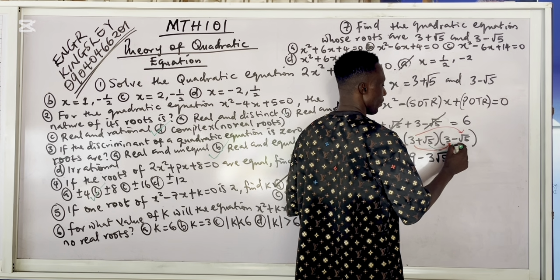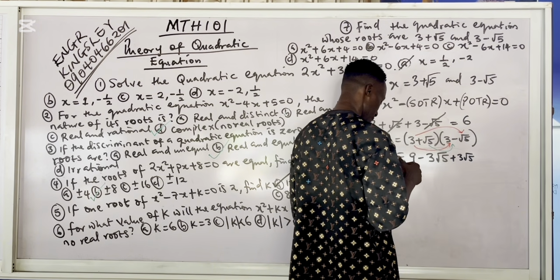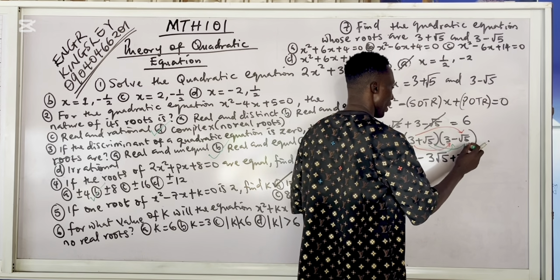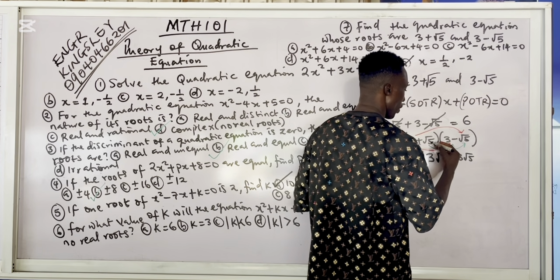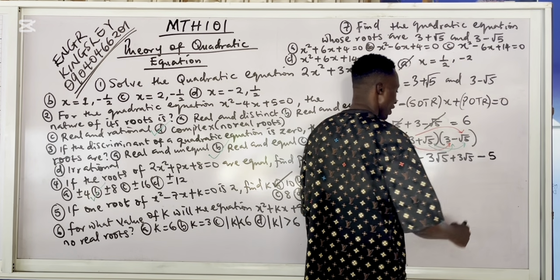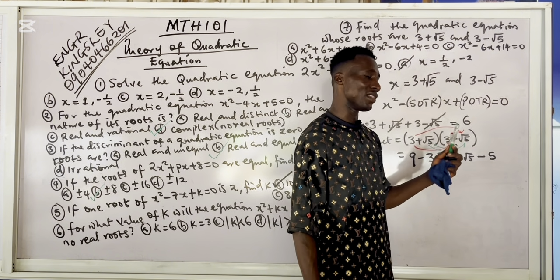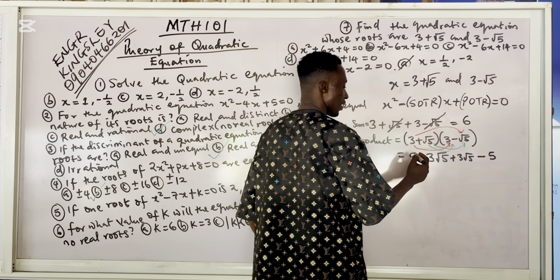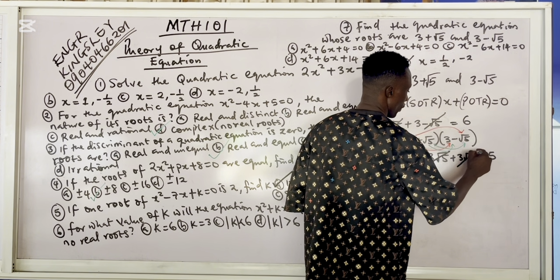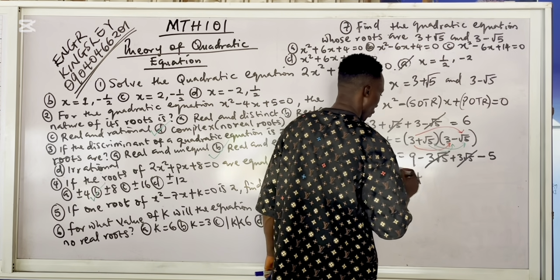Root 5 multiplied by 3 will give us plus 3 root 5. Then root 5 multiplied by minus root 5 will give us plus times minus is minus. Root 5 times root 5 is 5. Whenever you have roots with the same content inside, the root always disappears to give 5. So if you observe, minus 3 root 5 will go with plus 3 root 5. 9 minus 5 will give us 4.